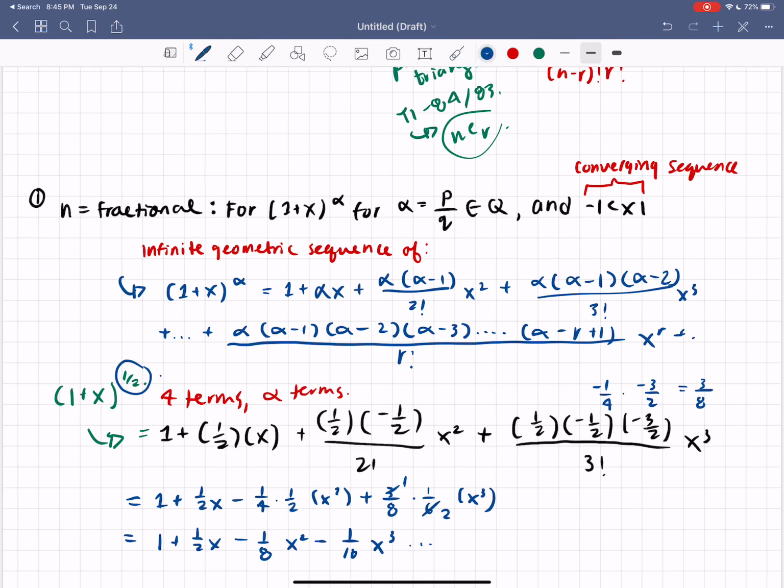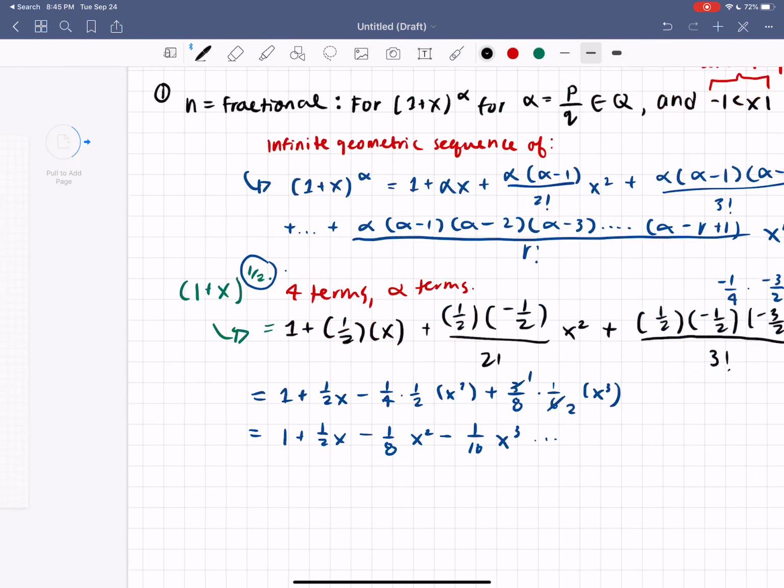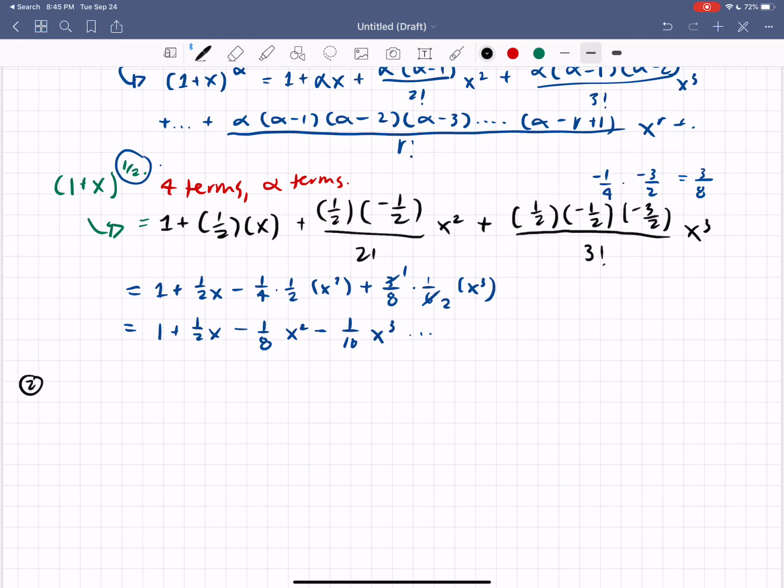Say our n was a negative number. In other words, n was less than 0. Well, what would we do? Well, it's the same principle.